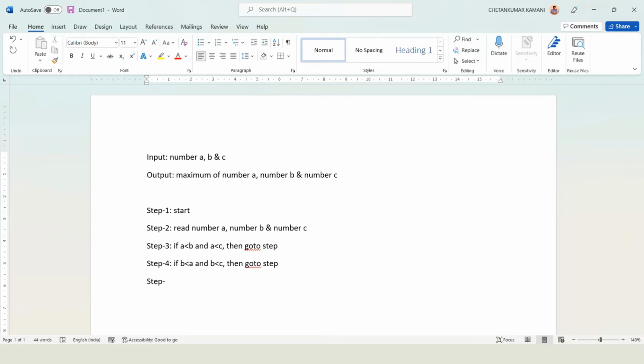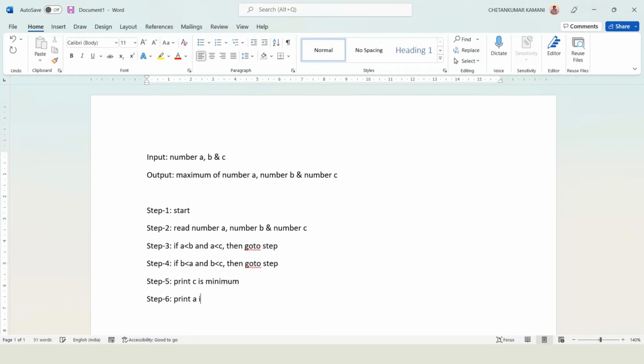Step 5: If step number 3 is false and step number 4 is false, then which one is minimum? Print C is minimum. Then write step 6.